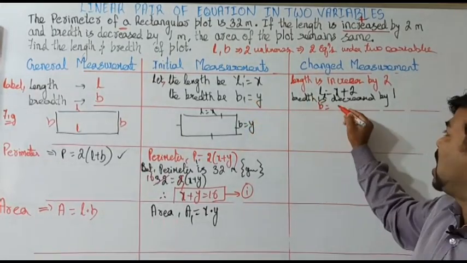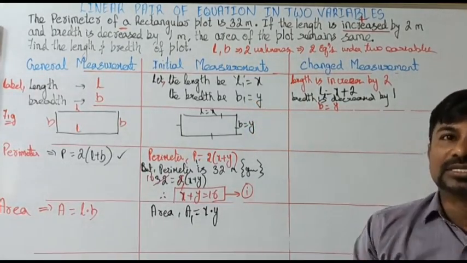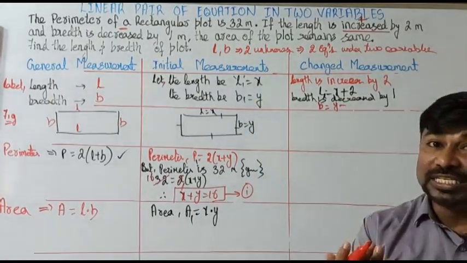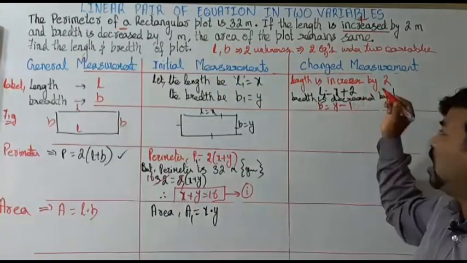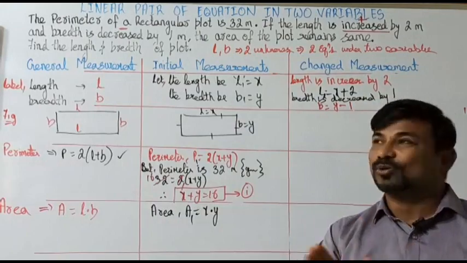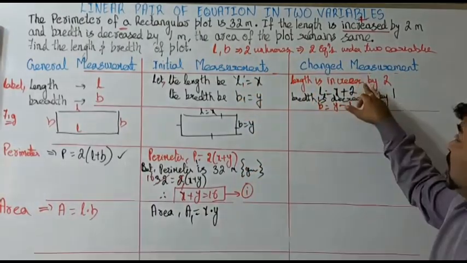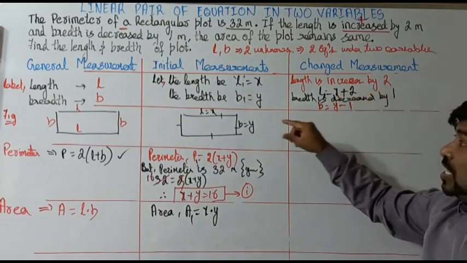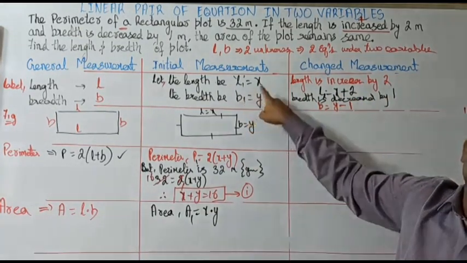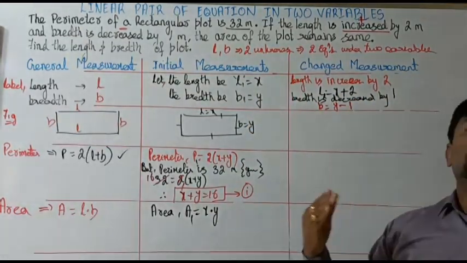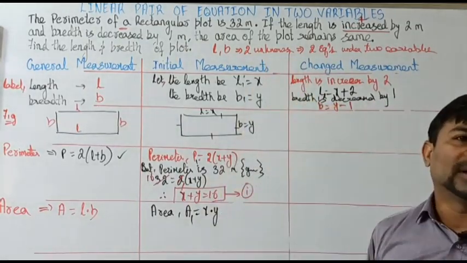Earlier it was y, and as it decreased, it means minus 1. So please remember, the initial measurement is x and the changed measurement is x plus 2. The initial measurement of the breadth is y, the changed is y minus 1. These are the new steps we are getting.